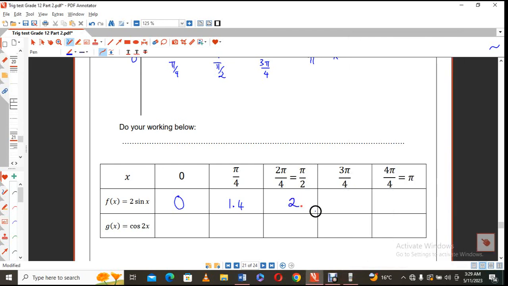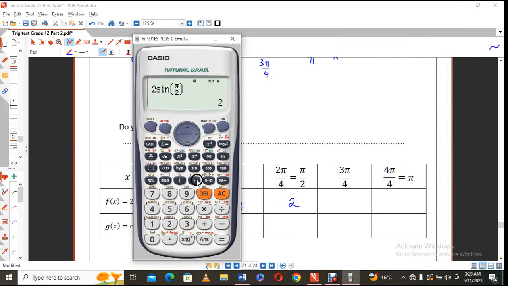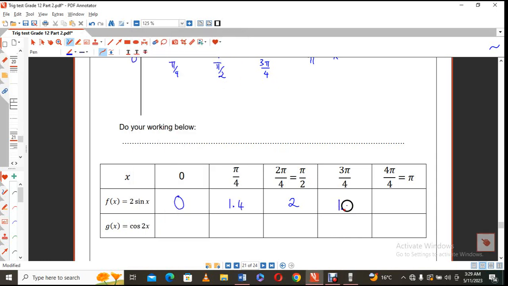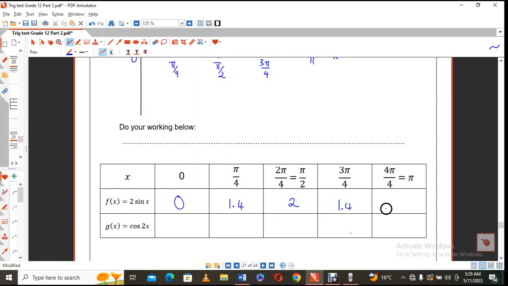So the output is 2. And of course, if we go back and put in 3 pi over 4, what do we get? We get the same thing, square root of 2, which we already determined is 1.4. So the graph is coming back. And if we put in pi or 180 degrees, then we see the graph is oscillating backwards to 0.